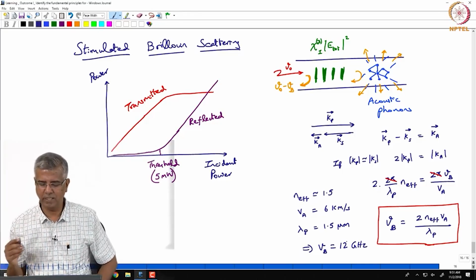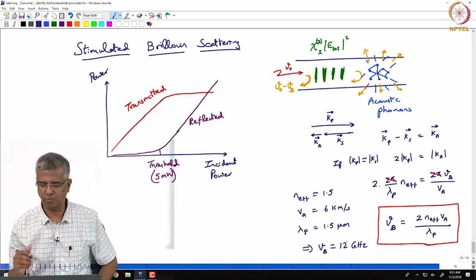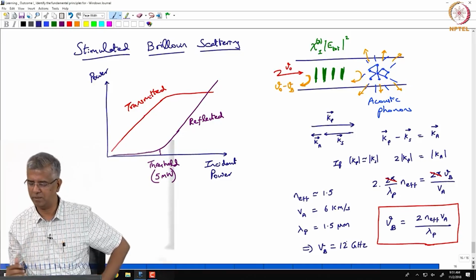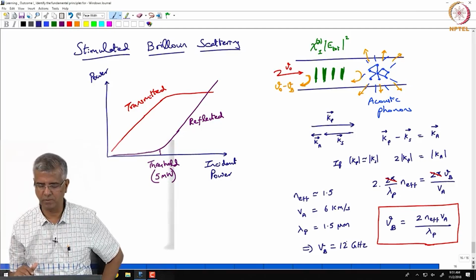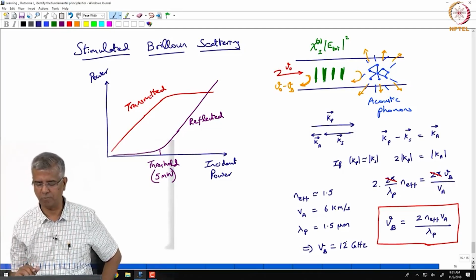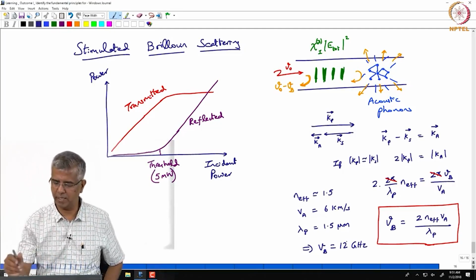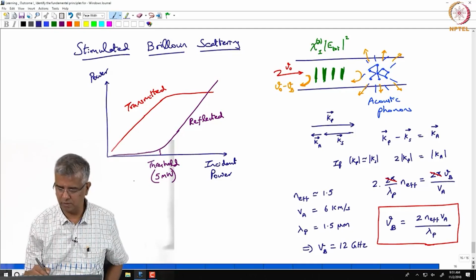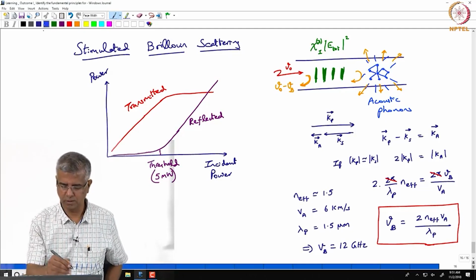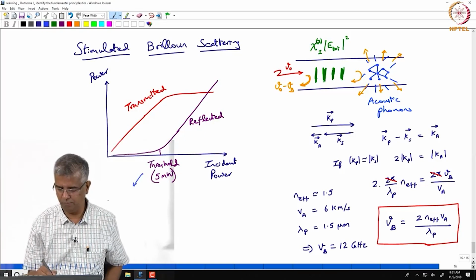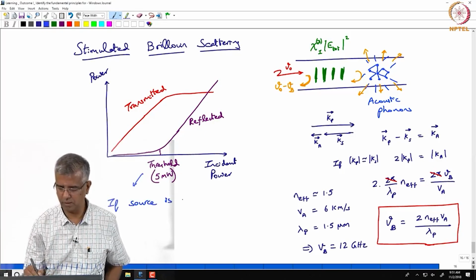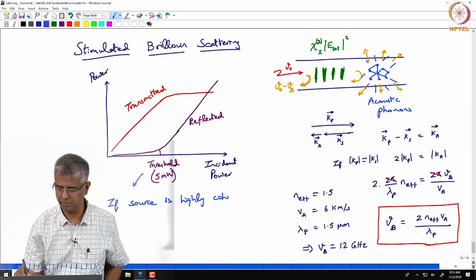But there is actually a finer point which maybe gives us some hope. That finer detail is that this is the threshold if your source is highly coherent.